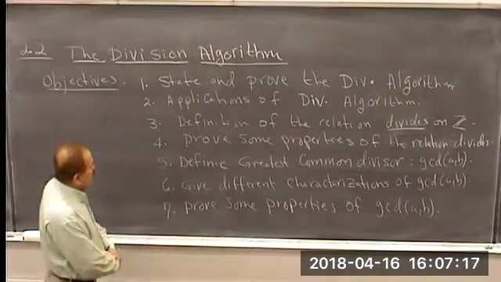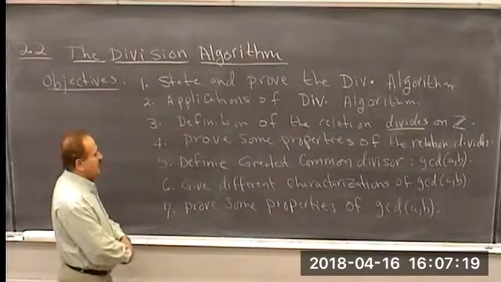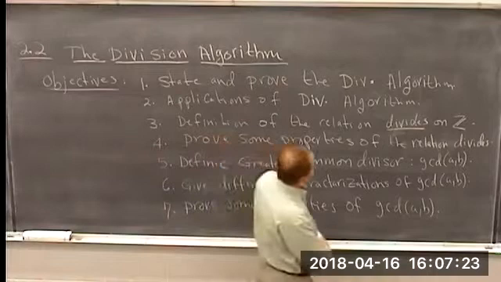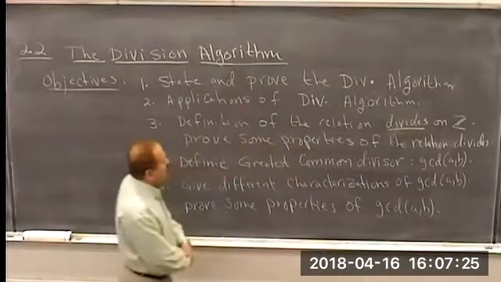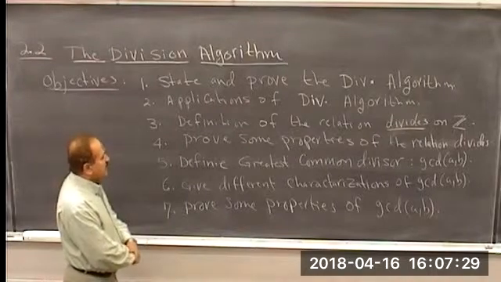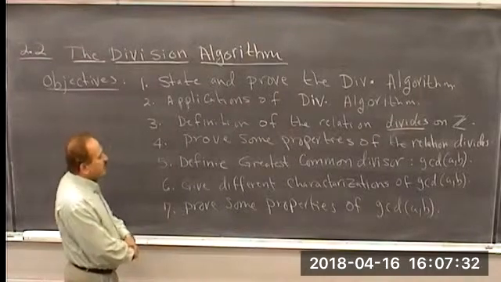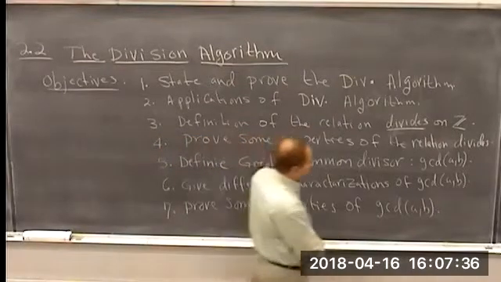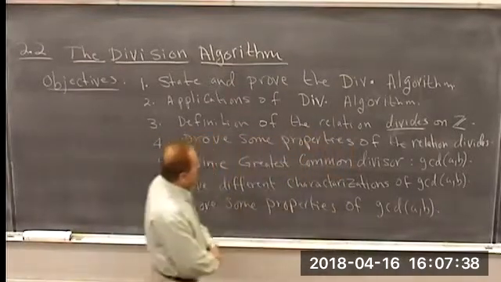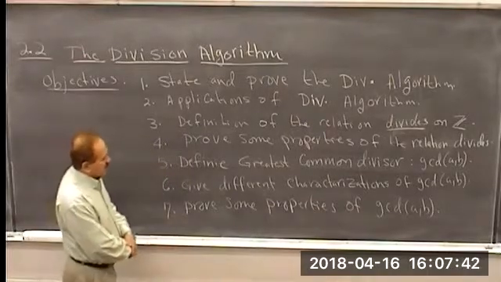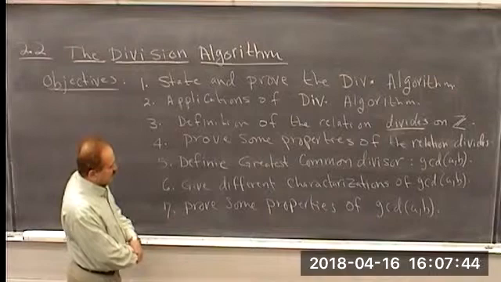Then we're going to move into defining what we mean by the greatest common divisor of two integers. All right, and then we're going to give different characterizations, different ways of defining the greatest common divisor of two integers. And then we're going to end by proving some properties of the greatest common divisor.